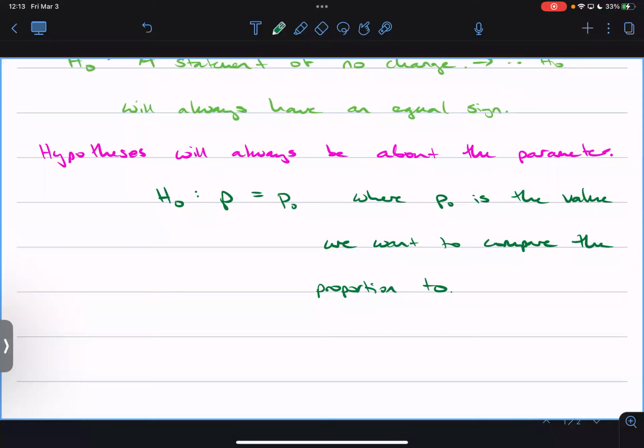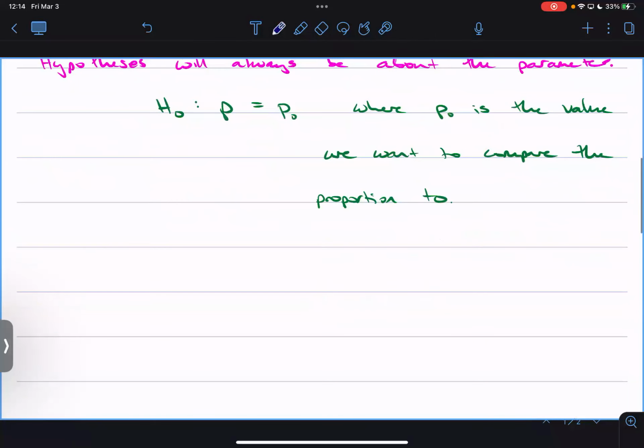For example, did a majority vote for Obama? Majority means what?